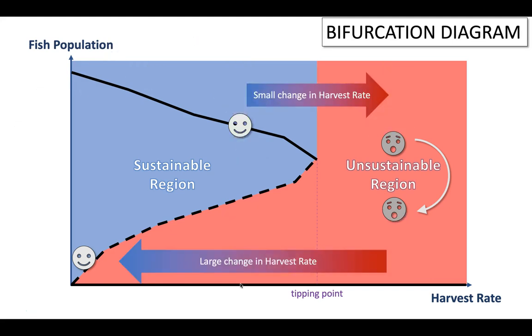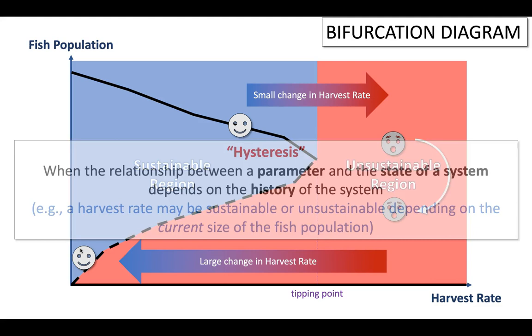And so we end up getting this behavior where if we start at this initial condition here, and we make a relatively small change in the harvest rate, due to the dynamical features of the system, in order for us to get back into the sustainable region, we need a very large change in the harvest rate. So a small change got us out of the sustainable region, and we now need a large change to get us back in, due to this dependence on the history of the system.